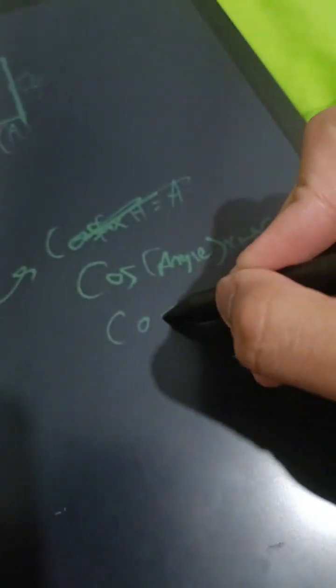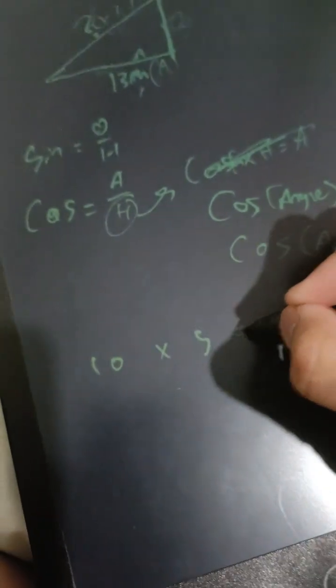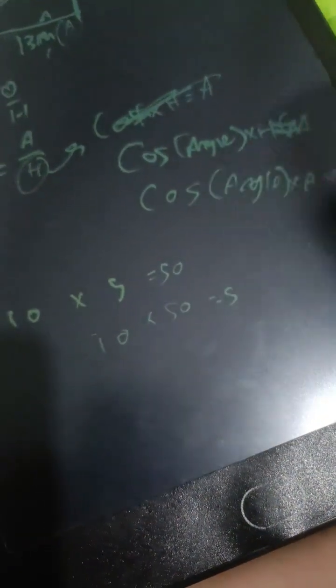This is correct, but we want to find H. So do we just put the angle and multiply it by A equals H? No, why not? Because it's like saying 10 times 5 equals 50, and 10 times 50 equals 5. That doesn't seem right. No, of course not.